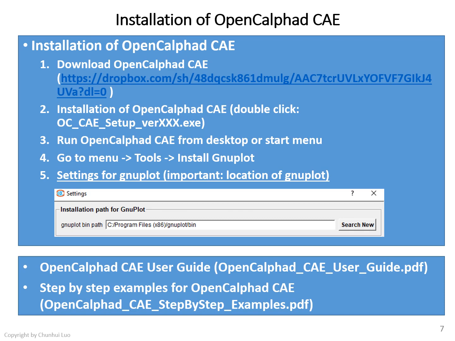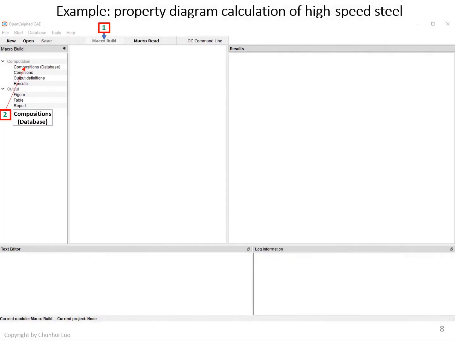The first is the OpenCalphad CAE User Guide, OpenCalphad CAE_user_guide.pdf. The second is step-by-step examples for OpenCalphad CAE, OpenCalphad CAE_step-by-step_examples.pdf. Use the following steps to run a quick case using the macro build module.